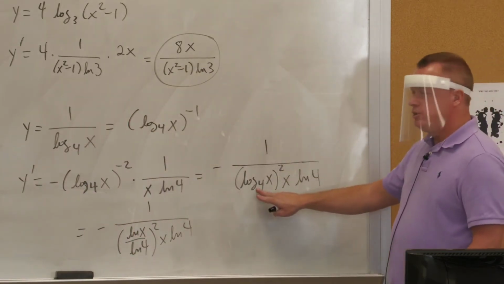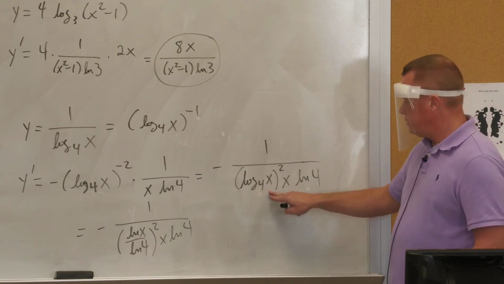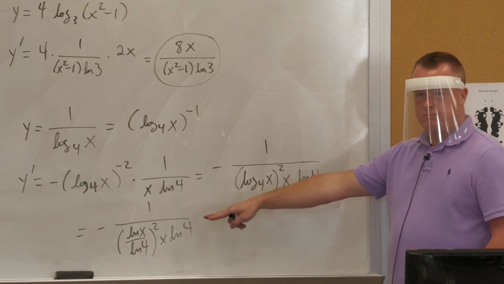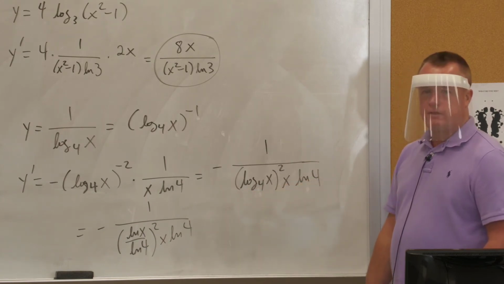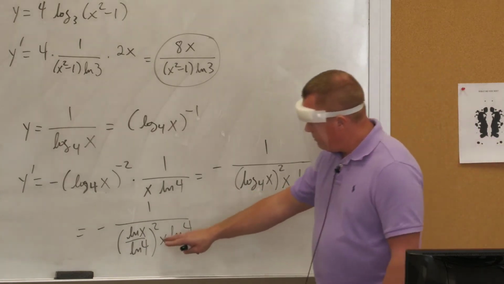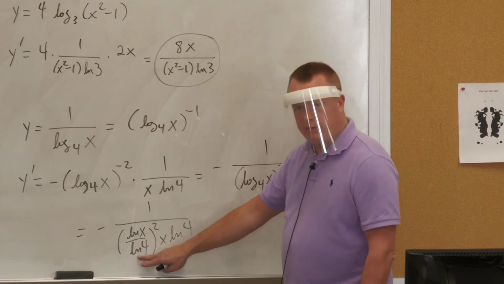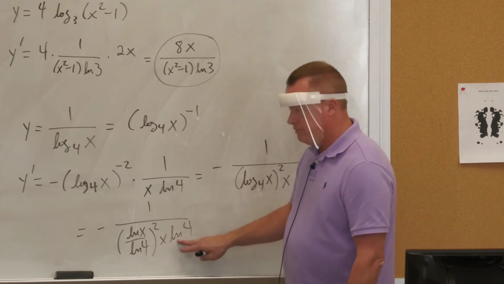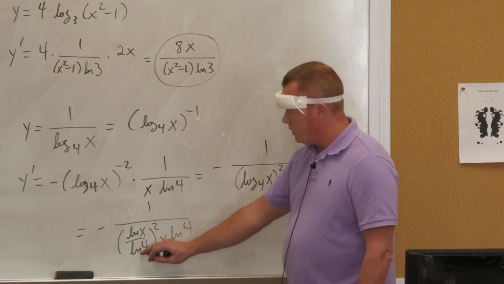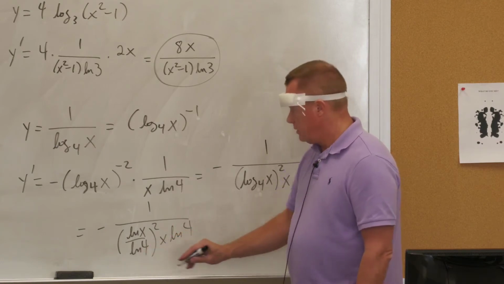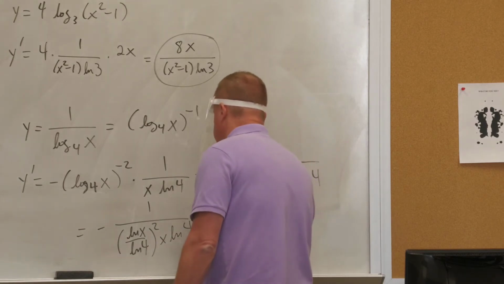So change of base formula. This changes to that. So I could write this as ln of x over ln 4 is the same thing. Now notice I have ln of 4 squared on the bottom times the ln of 4 there. So this ln here would cancel with one of those on the bottom. So I would have this.